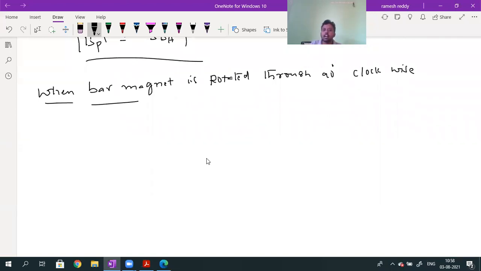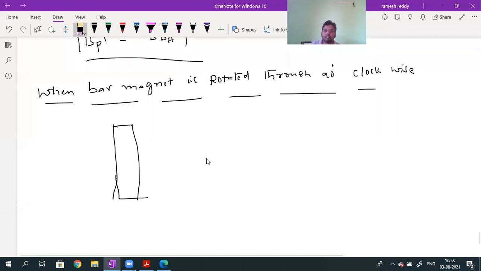Initially, the bar magnet north pole is towards the geographic north. We studied the condition. Initially, the bar magnet was there like this. This is the initial position of the bar magnet.